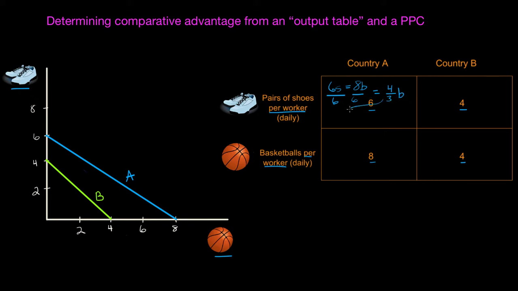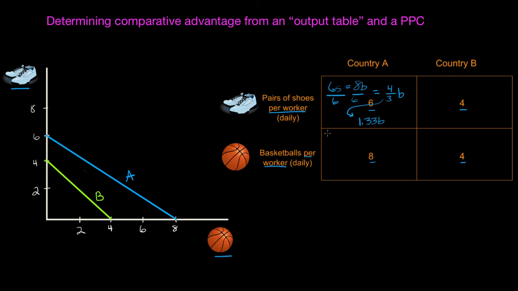Now, I like to convert these fractions to decimals because it's easier to compare decimals against one another than it is to compare fractions which may possibly have different denominators. So I'm going to convert this 4/3 to a decimal, and that gives me an opportunity cost of 1.33 basketballs per pair of shoes produced in country A.